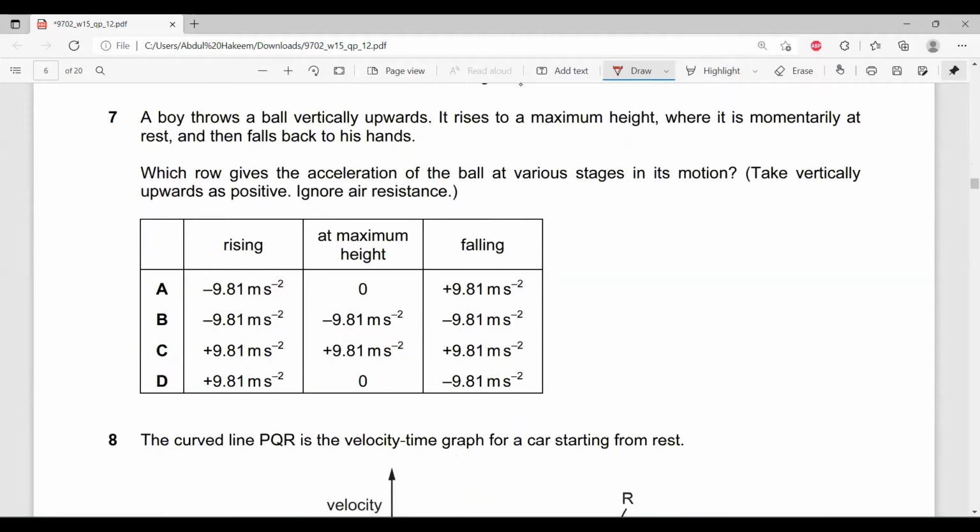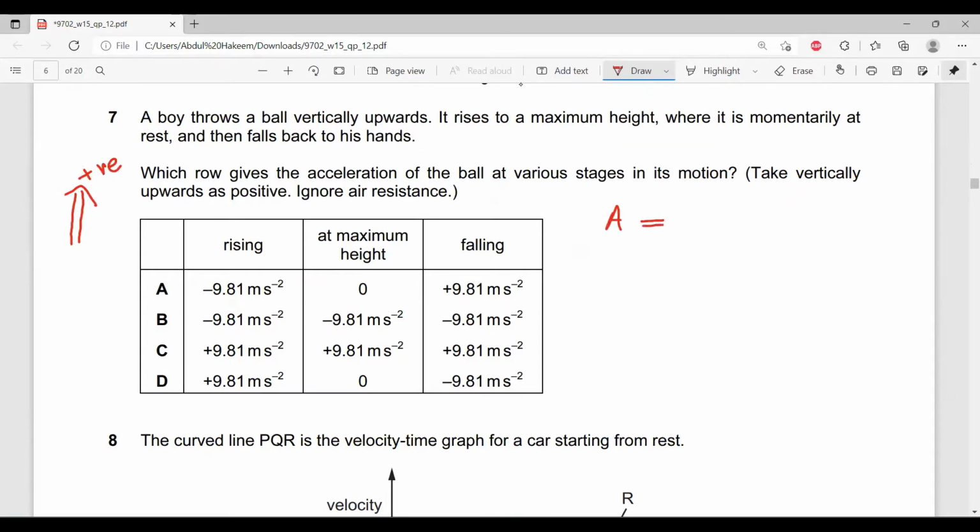Number 7. A boy throws a ball vertically upwards. It rises to the maximum height where it is momentarily at rest and then falls back to his hand. Which row gives the acceleration of the ball at the various stages and its position? Take vertically upward as positive, meaning the upward direction is taken positive.